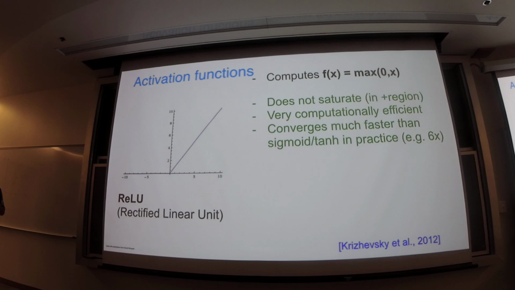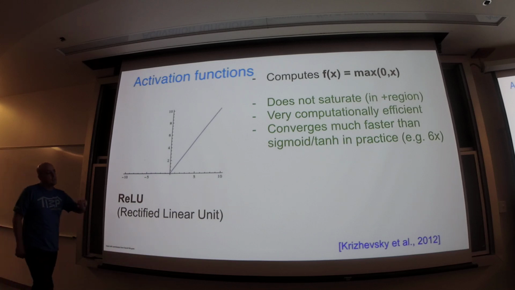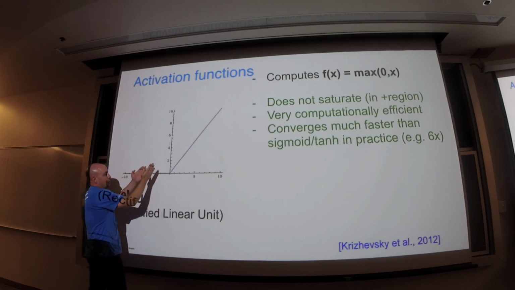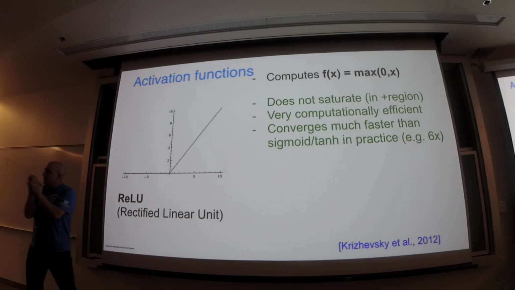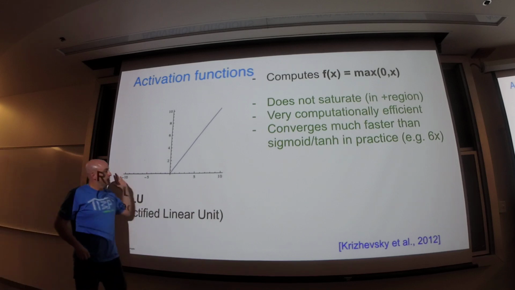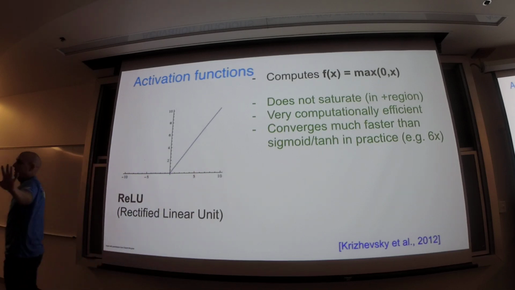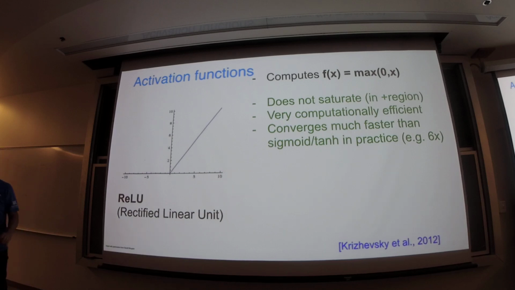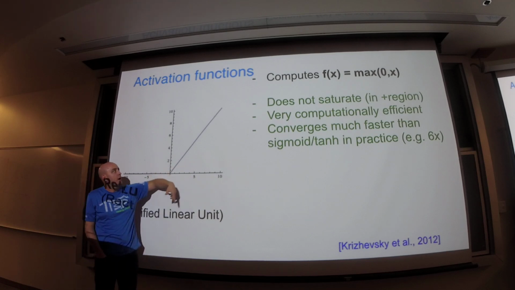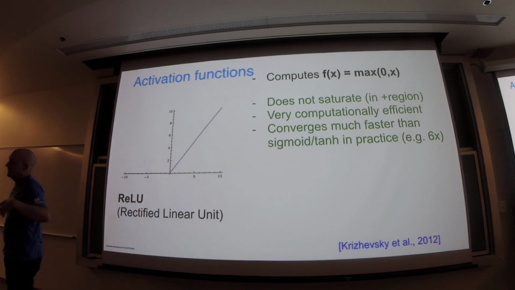However, there's a big difference between them, because imagine the Sigmoid kind of being on here. There's a really finite range in which the Sigmoid has the ability to provide you decent gradient. This has the entire half line on which to give that to you. So it's way easier for the network to get itself into a parameter regime where you're getting lots of learning feedback from the gradients.